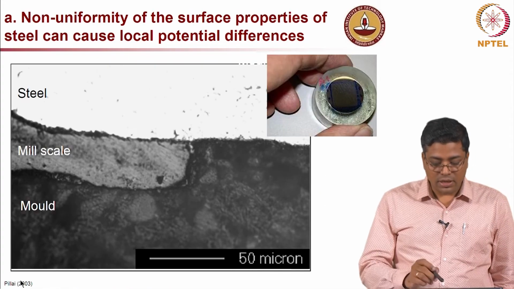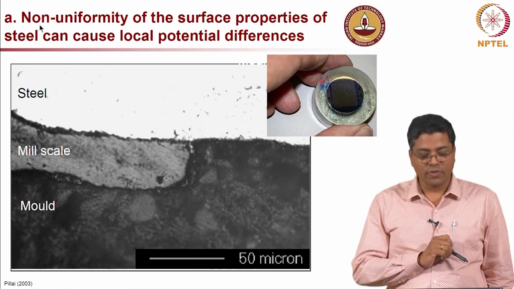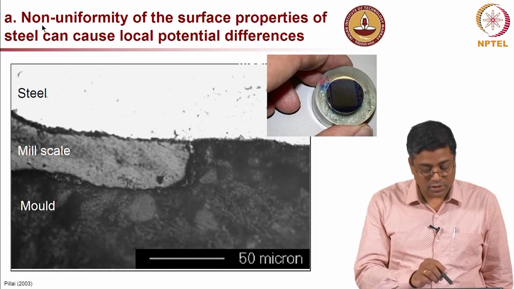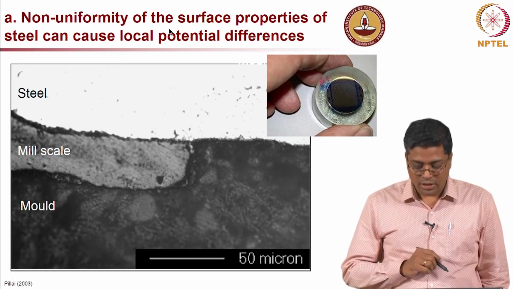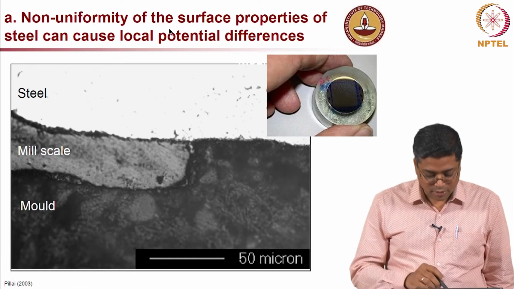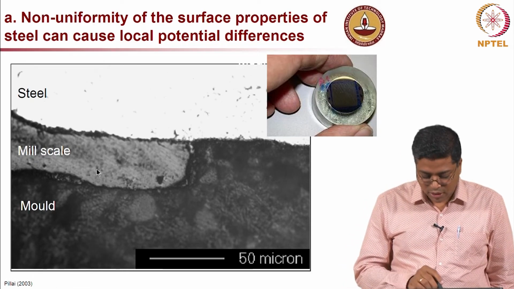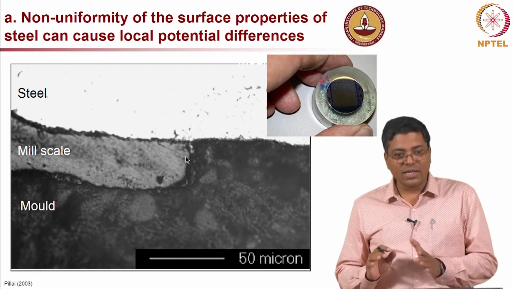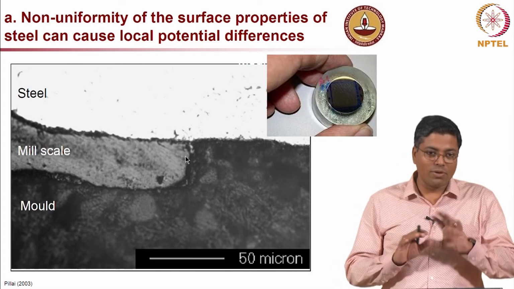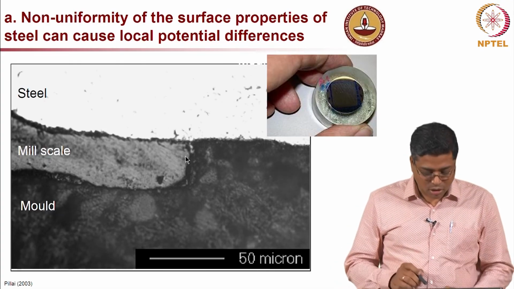Now, the next reason for the difference in potential is non-uniformity of the surface properties of the steel. This is another example where you can see mill scale. Nowadays most of the steel is cleaned of mill scale, but still there will be some remnants present on the steel surface.